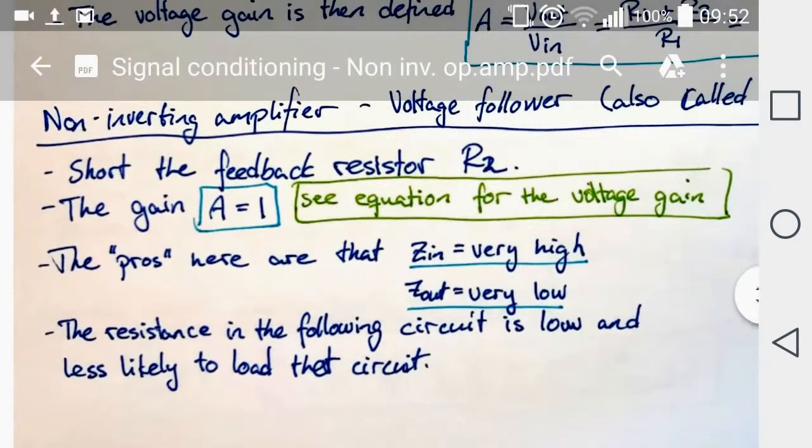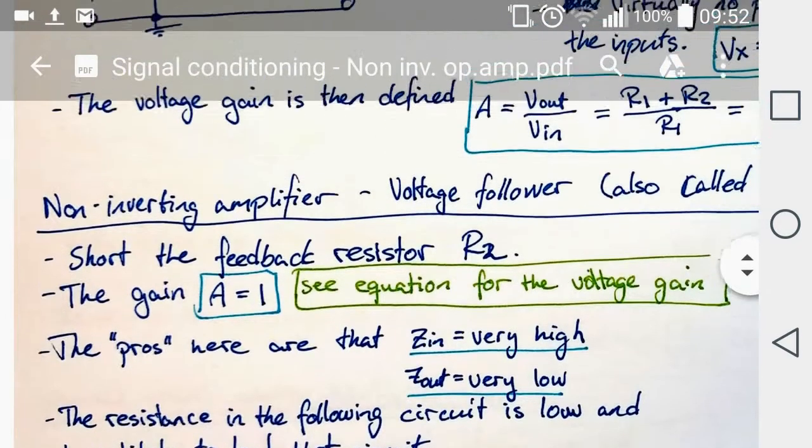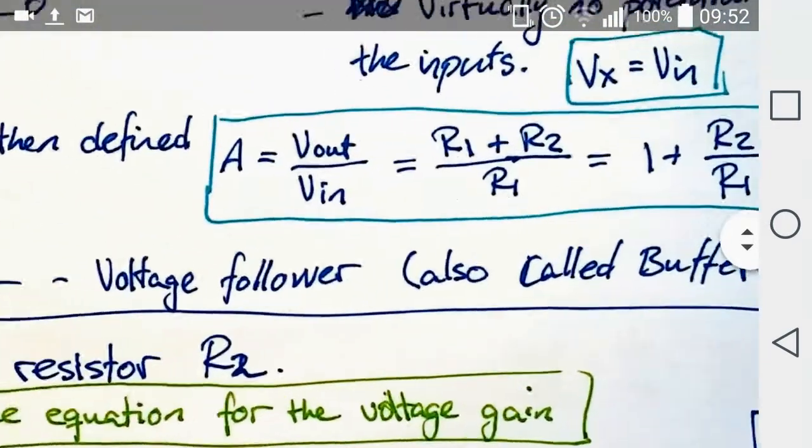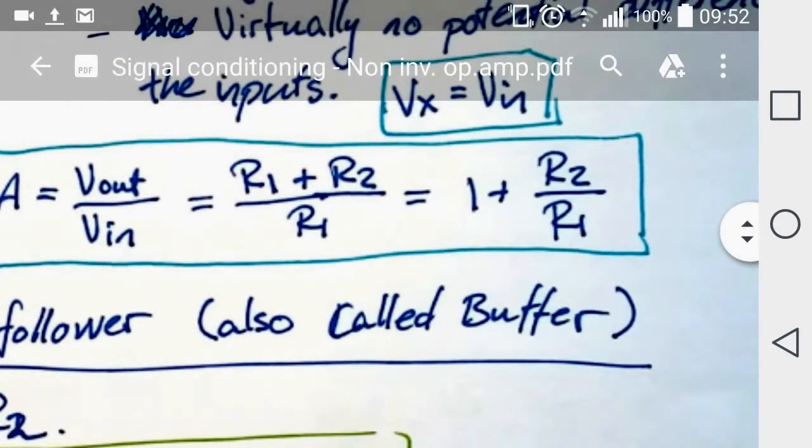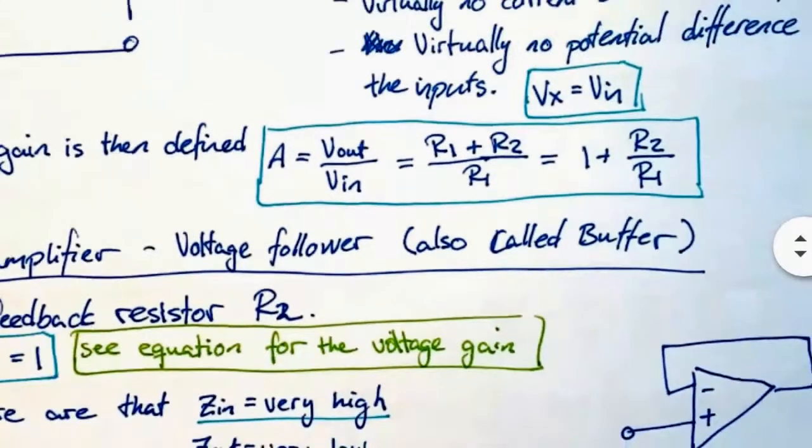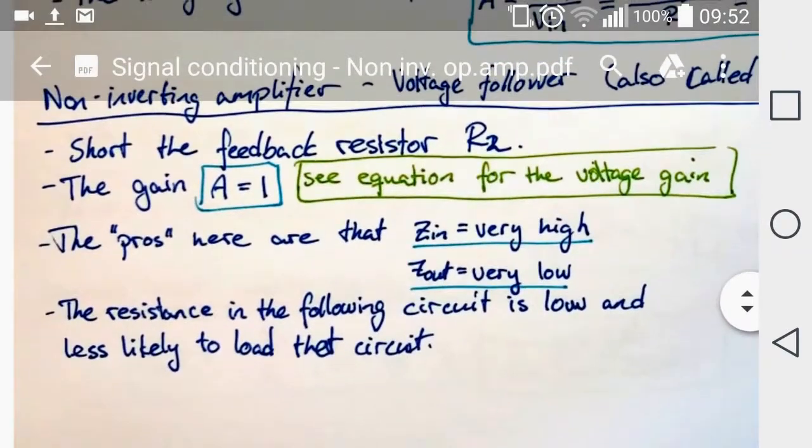So the feedback resistor is shorted, and that would mean that the gain would be equal to 1. That is, if you look at this equation here, where you say 1 plus R2 divided by R1, and if R2 would be 0 or shorted, then you only have 1 left in the equation, so the gain would be 1.